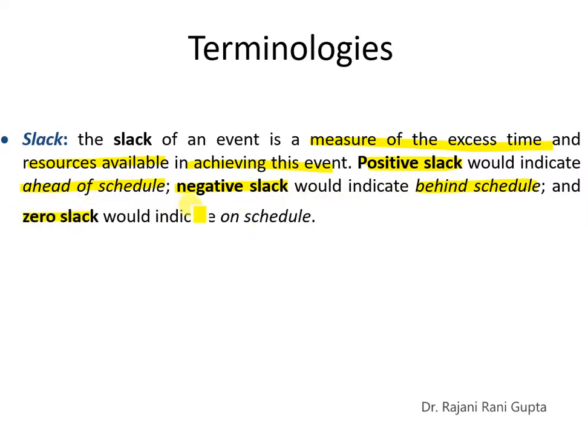And zero slack means it is on schedule. So this is what we have noticed when we were solving CPM. All the critical activities were having zero slack. So it means we cannot delay those activities, or otherwise it will affect the project completion time.